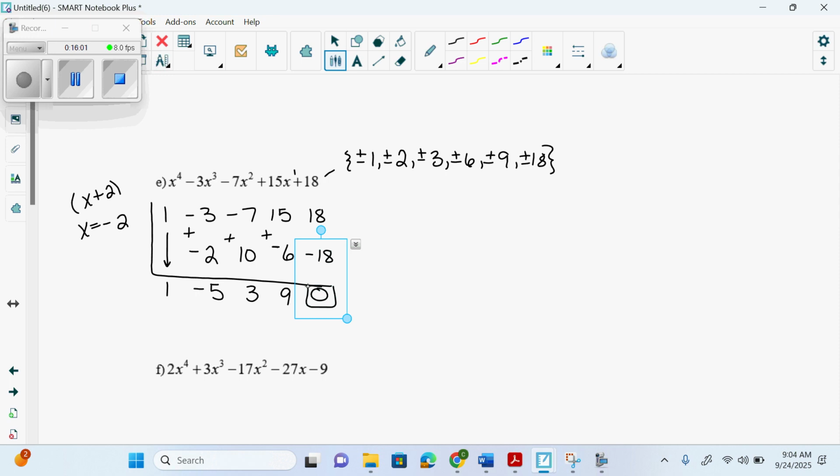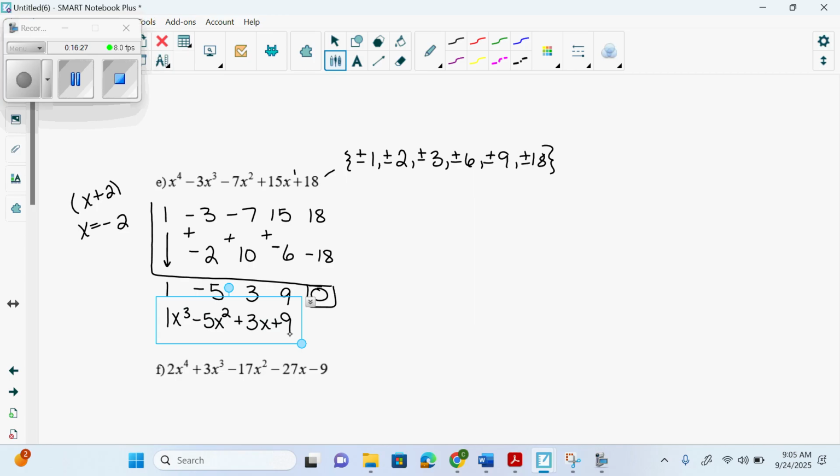Okay, so I took 1x out. So now I have 1x cubed minus 5x squared plus 3x plus 9. Now, if I had just given you that as the question, what would you do? If I had just given the cubic as the function, how would you do it? We just did it the whole page before.